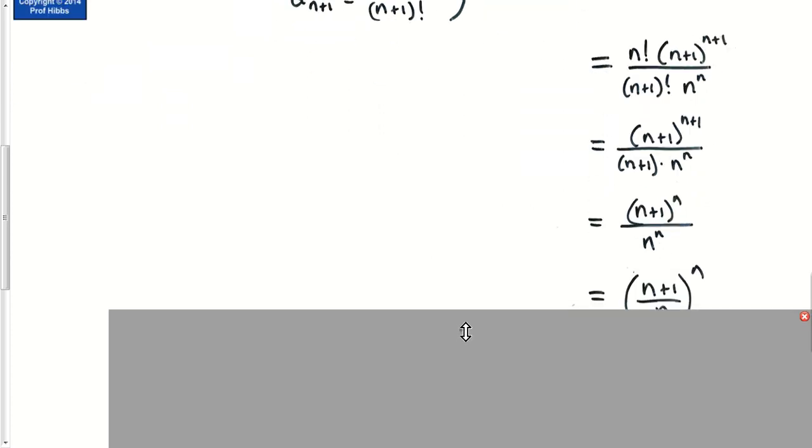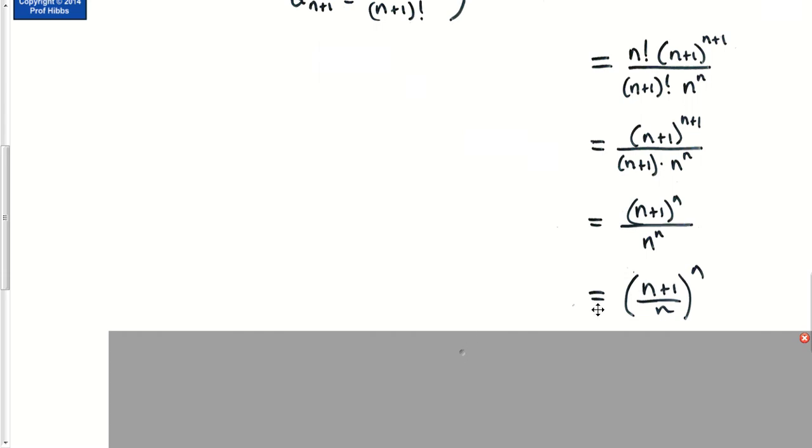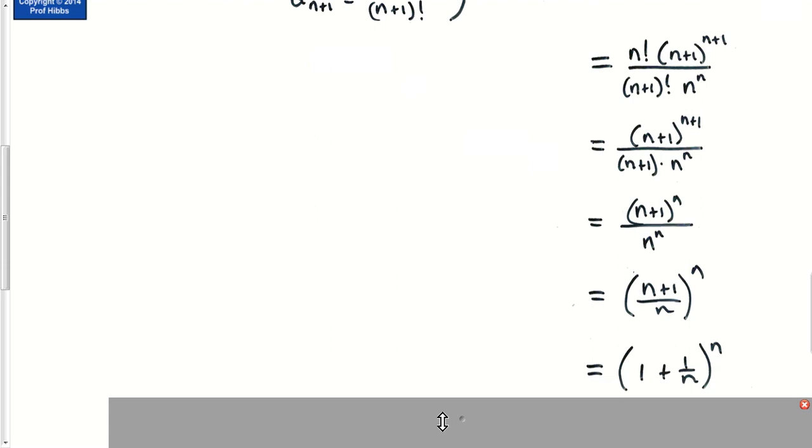Now, with being a little bit clever, and I'm not claiming cleverness for me, but these are things you start to look for. Notice we have a power of n in the numerator and denominator, so we could think of the fraction n plus 1 over n to the power n. In that case, we just apply that power to the numerator and denominator, wouldn't we? So we're going backwards.